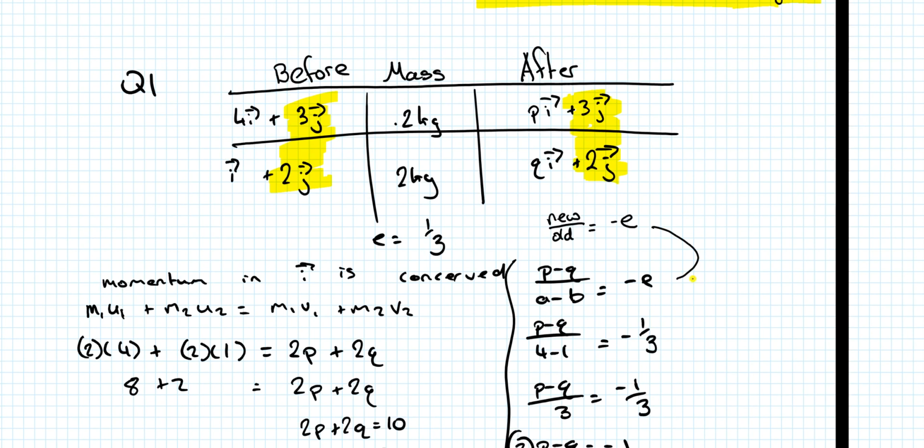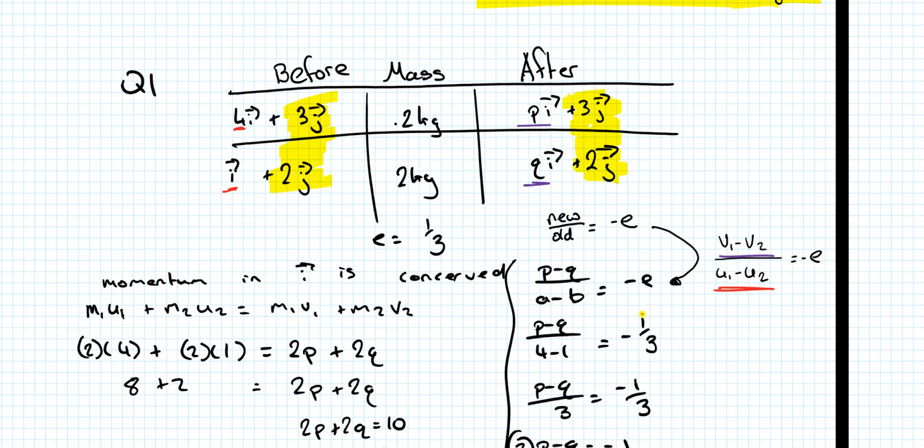So dealing here, it's going to be v1 minus v2 over u1 minus u2 is equal to minus e, where v1 and v2 are the new velocities that are changed, and u1 and u2 are the initial velocities before they change.